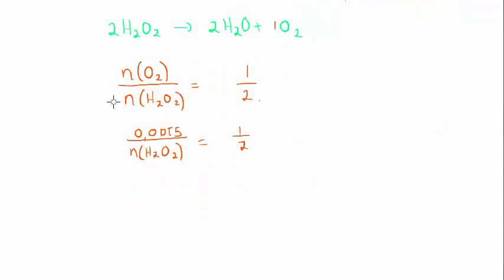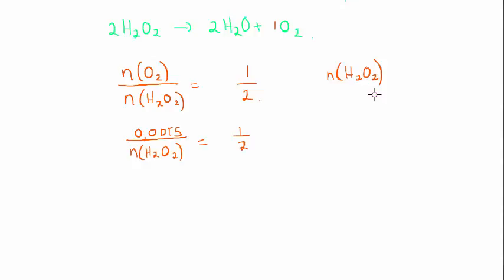It's probably better to swap them around and start with the one you're looking for. I want to know how many moles of hydrogen peroxide. I know they're asking what's the volume, but you can't calculate volume. You have to calculate moles, and then you convert that into volume. So if they ask you for a certain gram or a certain volume or anything other than mole, I'm going to calculate mole and convert it into that.